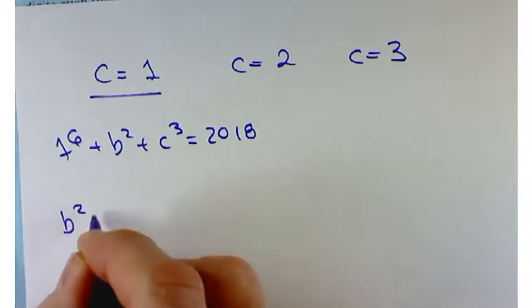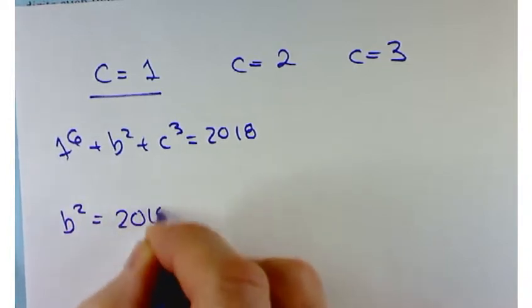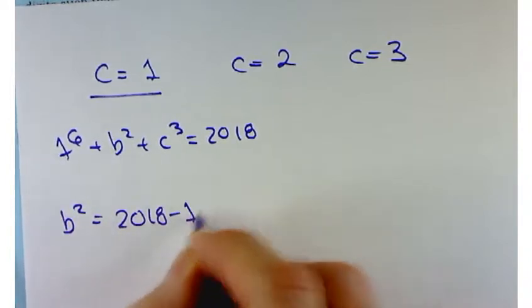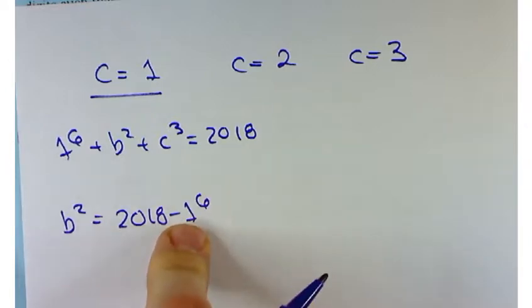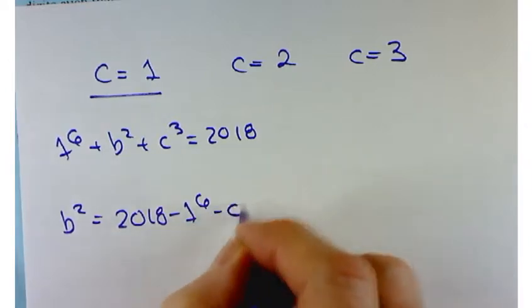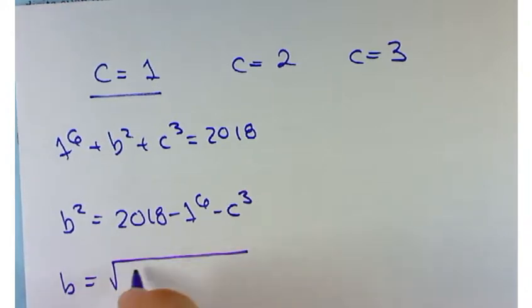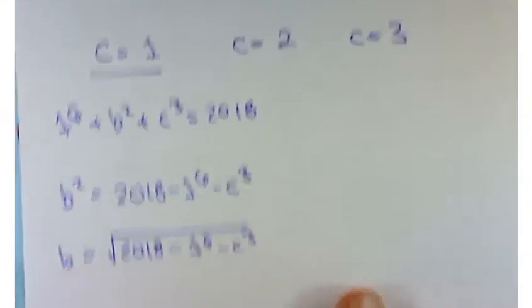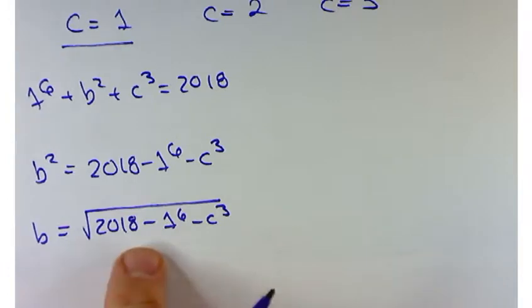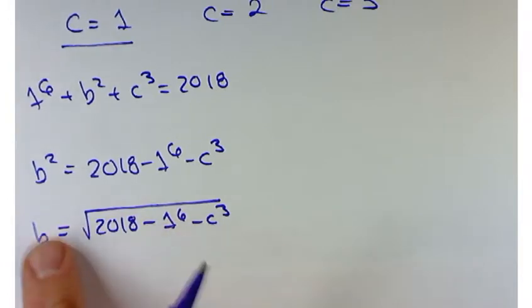B squared equals 2018 minus 1 to the 6th, and of course I can do that as 2017. I'm just going to leave it here, minus C cubed, and then I'll take the square root on both sides. So B equals the square root of 2018 minus 1 to the 6 minus C cubed. What I want to find is integer solutions for this.